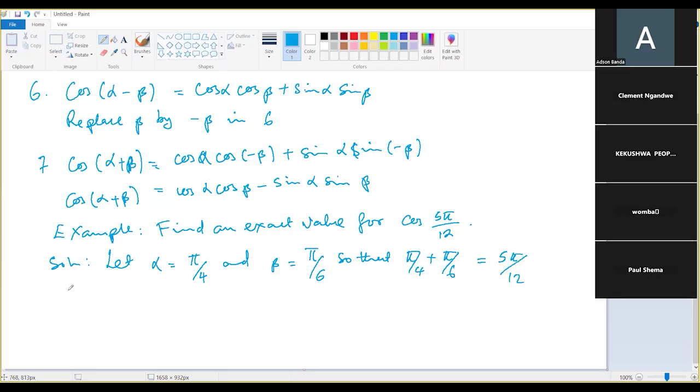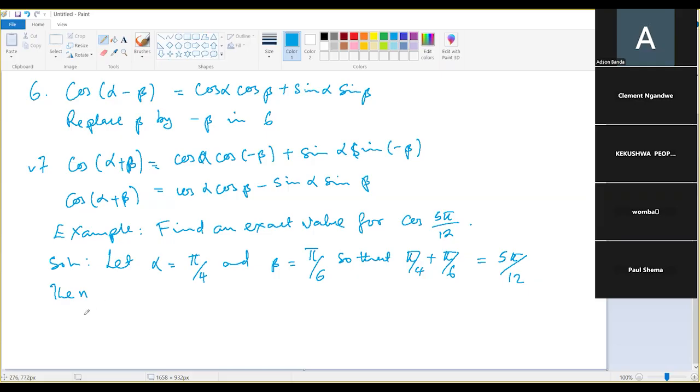Right, so in this case, then we can use an appropriate identity, because here we are adding these two angles to get 5 pi by 12. So we are going to use the identity number 7 to find the exact value of the angle that we are given.